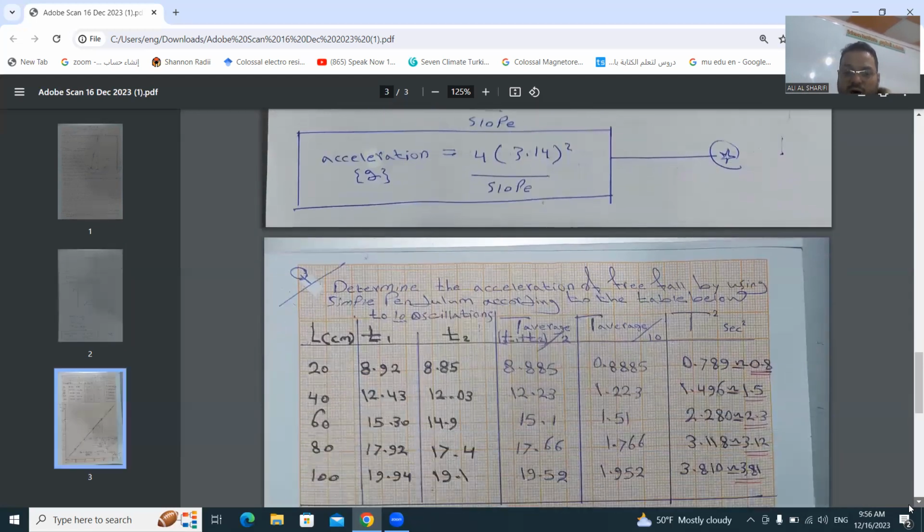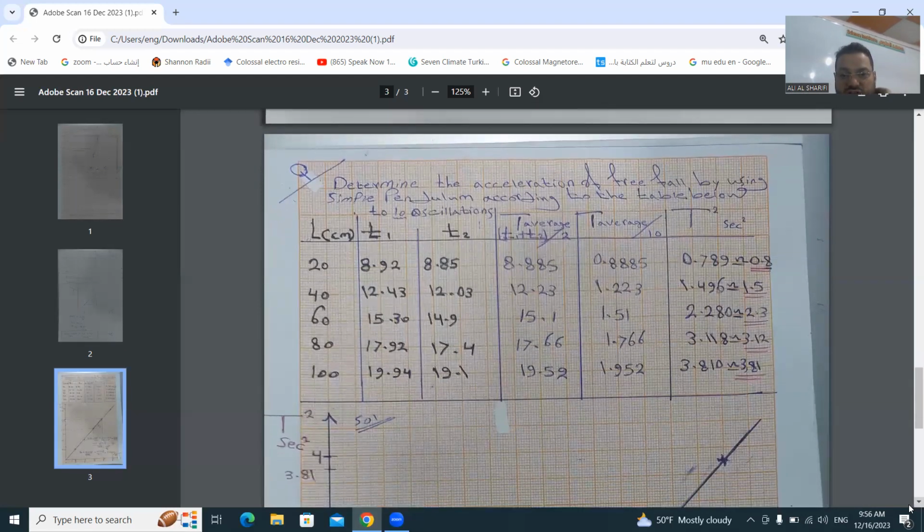Now let's take a look at how the question will come in the exam. Determine the acceleration of free fall by using a simple pendulum according to the table below. Here you will work on 10 oscillations, but that's not a condition. In the example, I can determine the acceleration by using 2 oscillations, or maybe I will give you the results in the column for 10 oscillations.